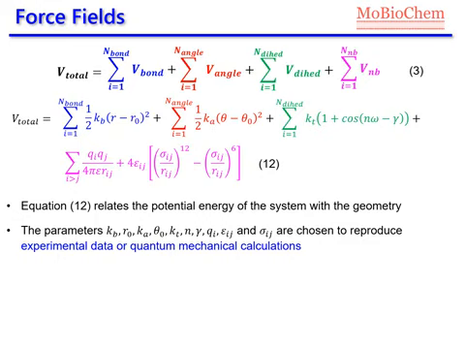And finally, it is important to say that the parameters of our force field, so this K, the R0, the Ka, the θ0, Kt, and so on, all these parameters are chosen to reproduce experimental data or quantum mechanical calculations. Usually, we don't parameterize our force field, but we use force fields which were already parameterized for many years for many people, like the Amber force field or the Charmm force field, which were parameterized for proteins, for DNA strands, for lipids, for water, for organic molecules, and so on.